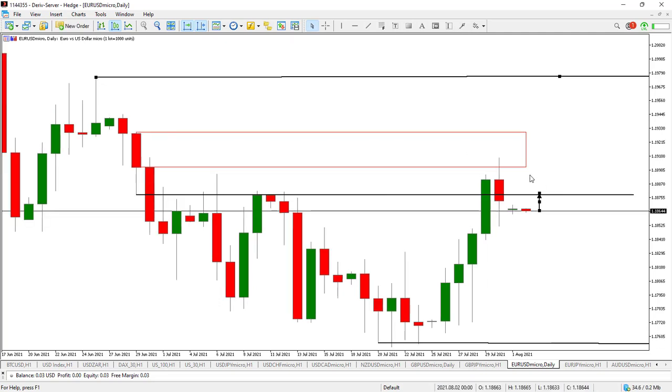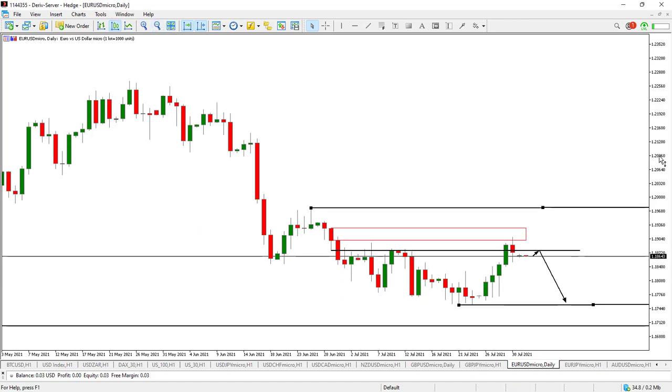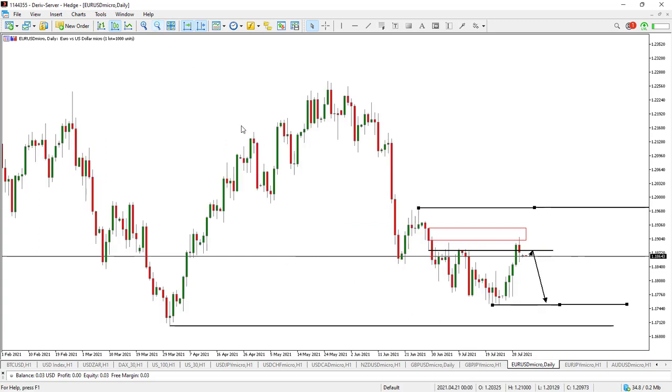Once we see such a move, I'll be looking for a sell opportunity, and this will be my first target, the low of the last candle on this structure that I have shared.